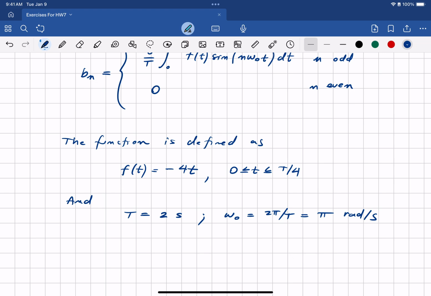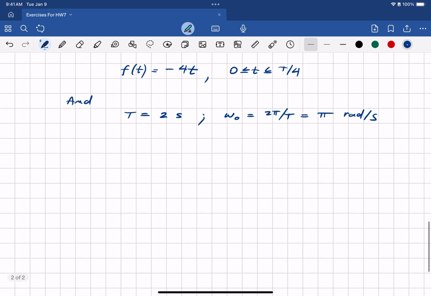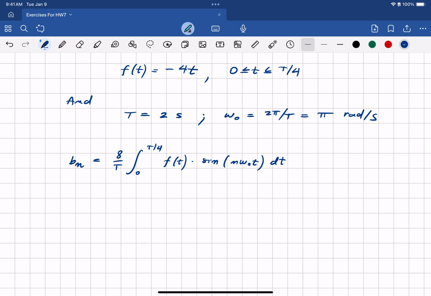So with that information, we can go ahead and start to calculate this bn. By definition, bn is going to be, sorry, I forgot that, 8 over T, the integral from 0 to T over 4 of the function f of t times sine of n omega naught t dt. Okay, so now T is 2, right?